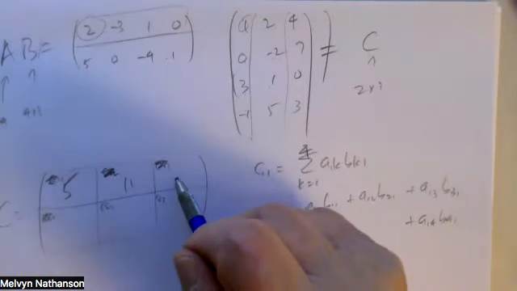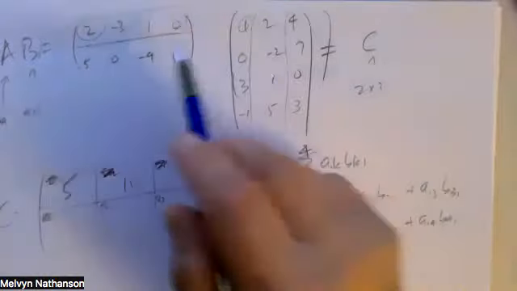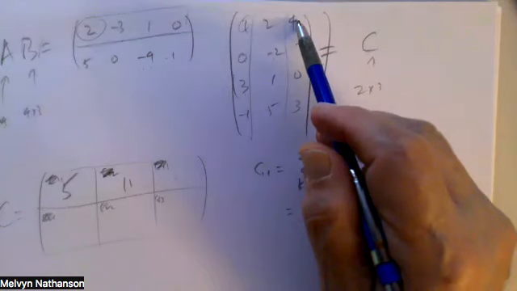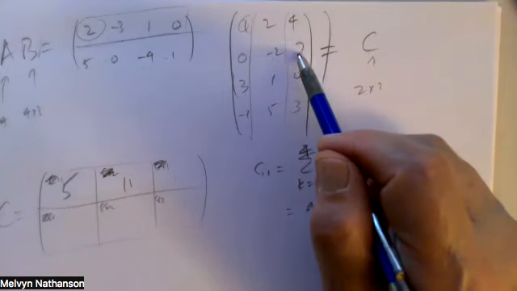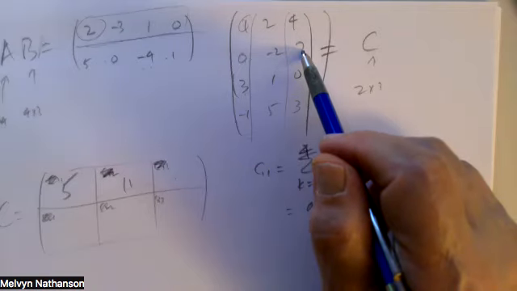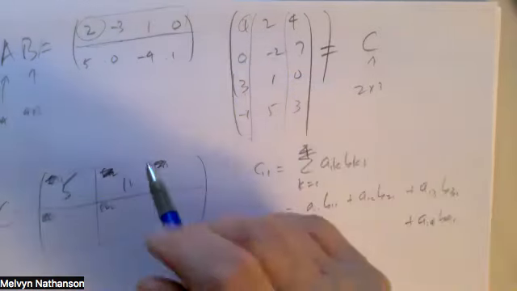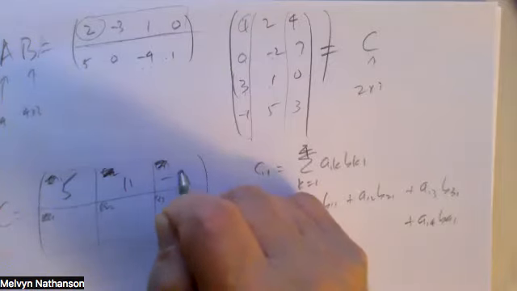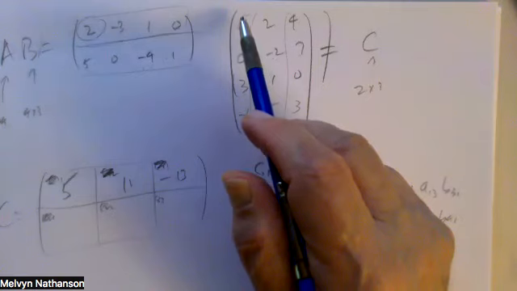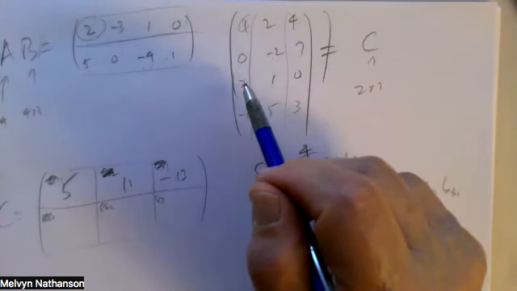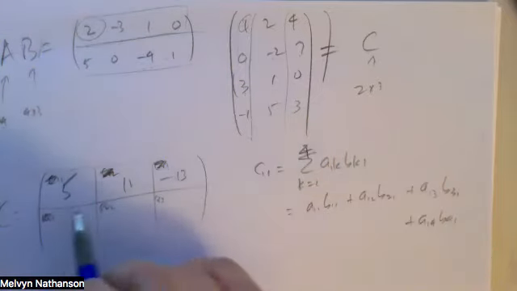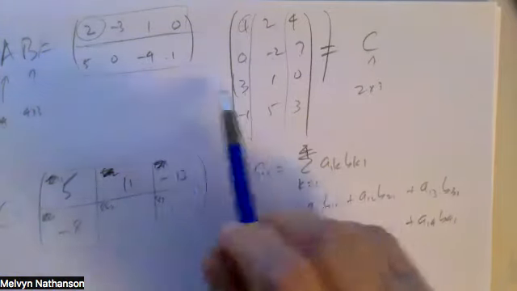First row, third column, I multiply the first row of A into the third column of B. I get 8 minus 21, minus 13, plus 0 plus 0, minus 13. And so on. This row into this, 5 minus 12 is minus 7, minus 1 is minus 8.